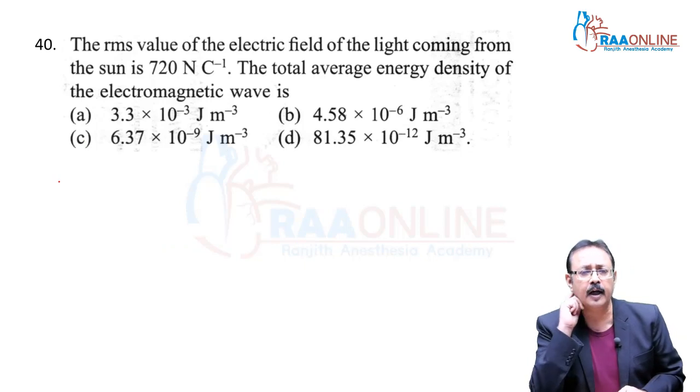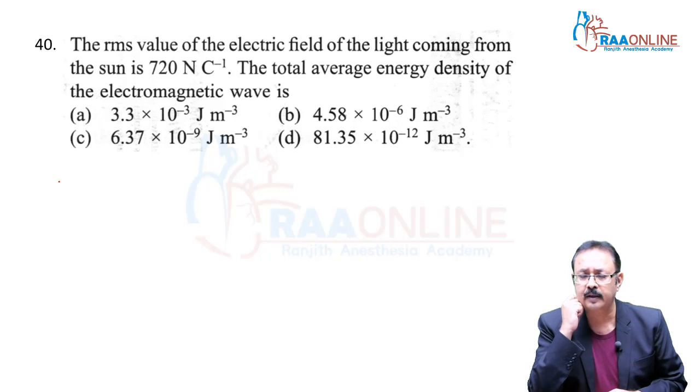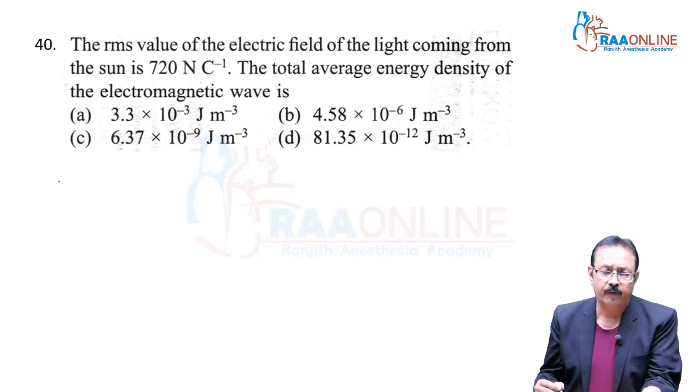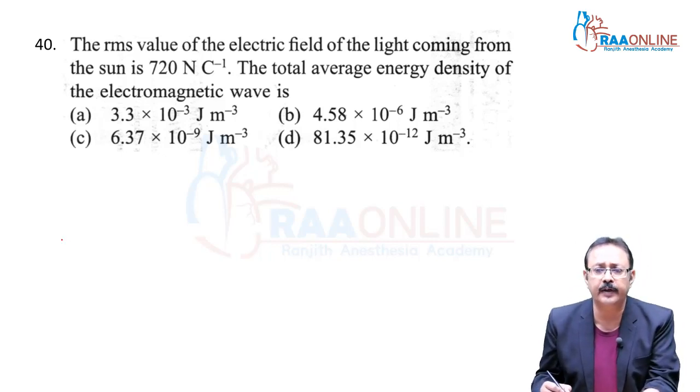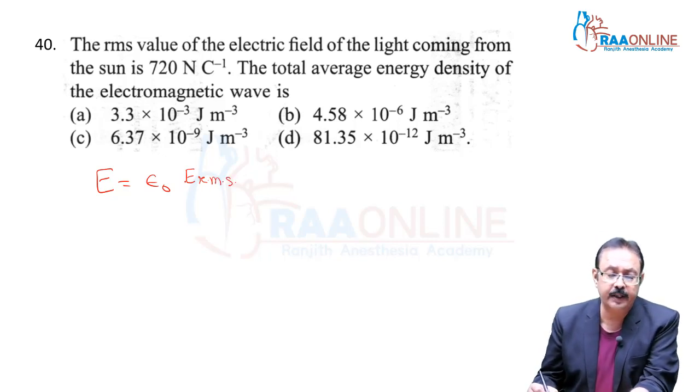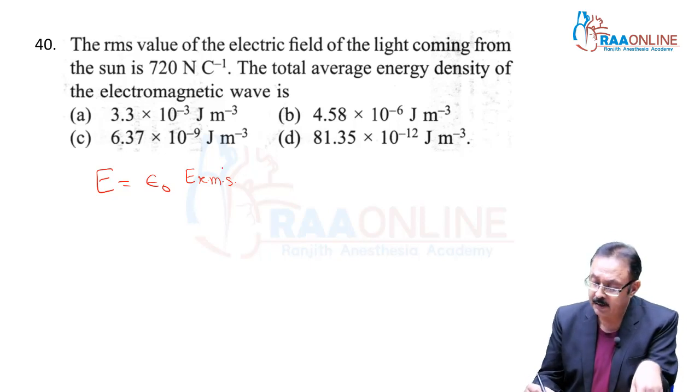Next, the RMS value of the electric field of the light coming from the sun is given. The total average energy density of the electromagnetic waves is? What is the formula for total average energy density? We know that it is given by epsilon naught into E RMS square.